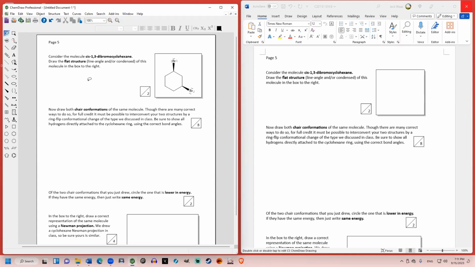If we place the Brs in another place, that's fine. What else? If instead of the wedges, we drew the dash. Bingo. That would still be cis if they were both dash bonds, either both up or both down. Both up with what you drew, right? Right, I drew them both up, but both down would also be fine.